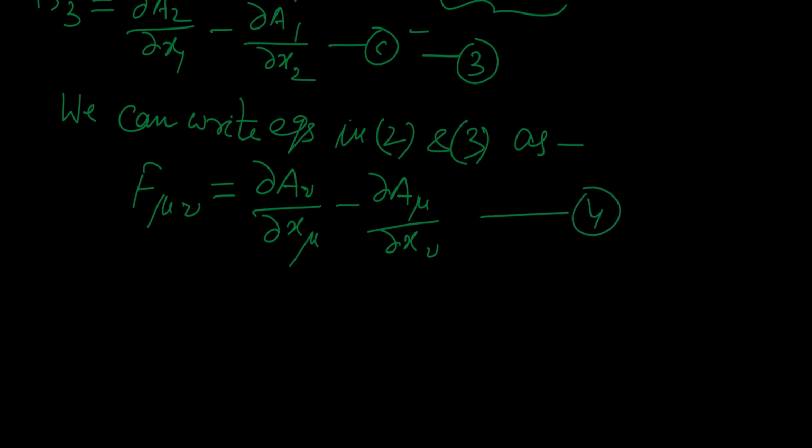In fact, here mu and nu will be assigned the values 1, 2, 3 and 4, and when we assign these values we will get all the above components. As I am just writing what this F mu nu represents, you may write the values of F mu nu in this form.